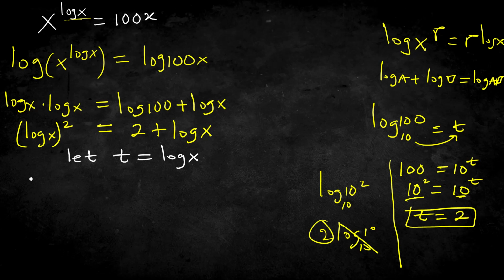We have t squared equals 2 plus log x, which will be t. So let's arrange. You have t squared minus t minus 2 equals 0.